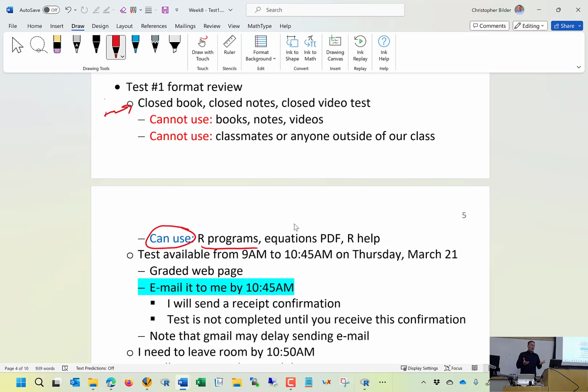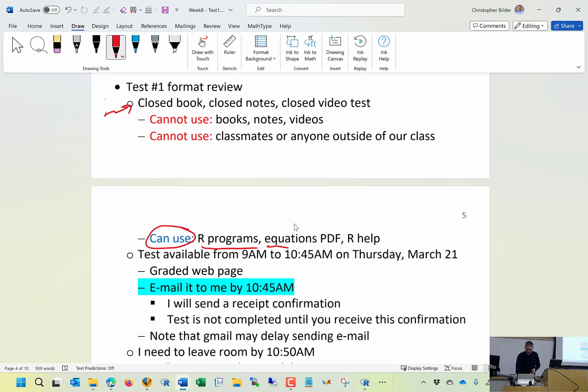What you probably will end up doing is downloading a particular program, copying and pasting some code from that program into your own program that you're typing up for the tests, modifying that segment of code for your own needs, and then running it. Then you'll get an answer that you can use for the test.